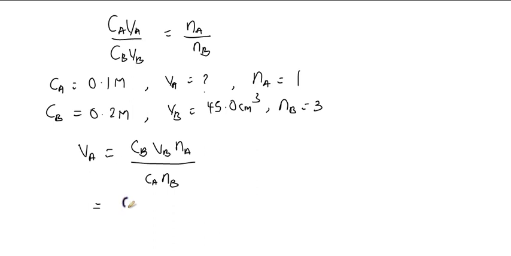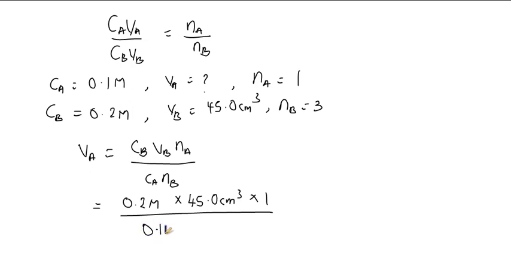Cb is 0.2 molar, so I have 0.2 molar times our Vb, 45.0 cm³, multiplied by Na, that is the number of moles of the acid, which is 1, all divided through by Ca, 0.1 molar, multiplied by Nb, the number of moles of base, which is 3.